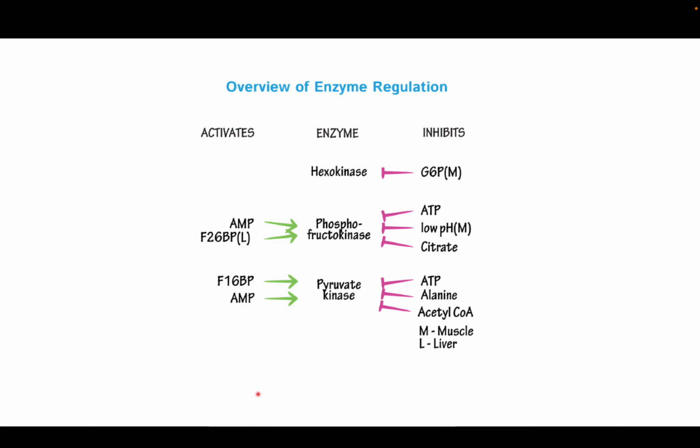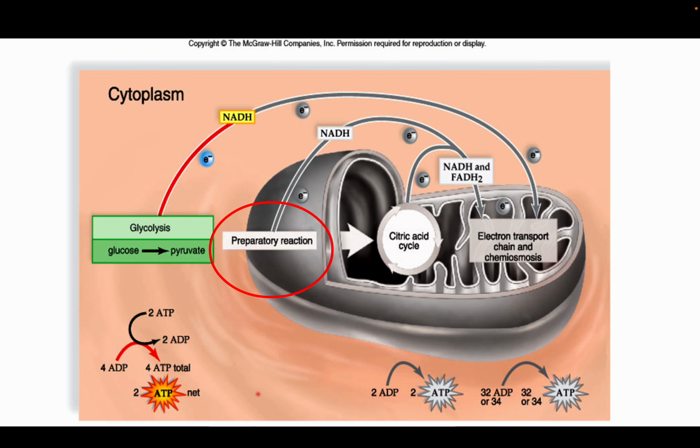On the other hand, if the byproduct is low in concentration, the activity of that enzyme should be activated. That's the entire simple idea of enzyme regulation in relation to glycolysis regulation.